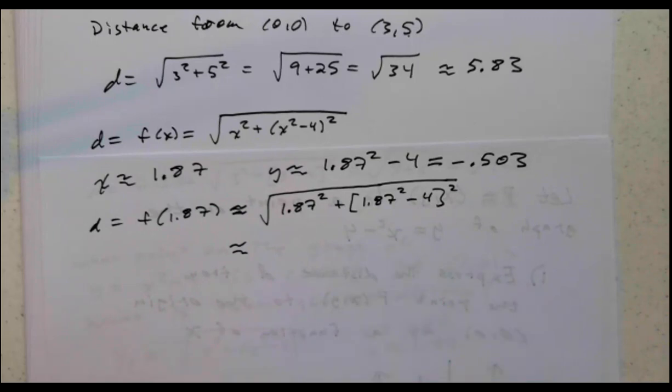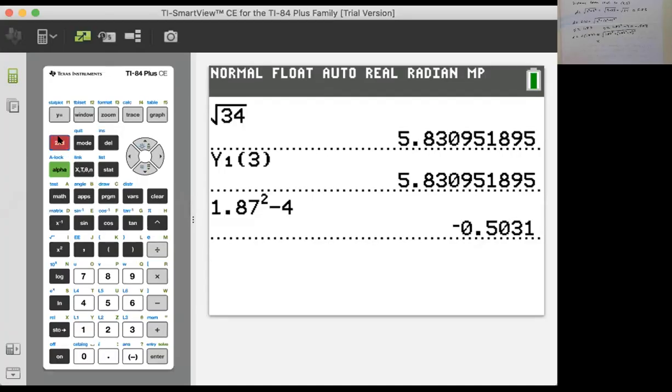So let's jump to the graphing calculator one more time and see what we get. So square root of 1.87 squared plus parentheses 1.87 squared, x squared minus 4, whoops, hit the wrong button there, minus 4.